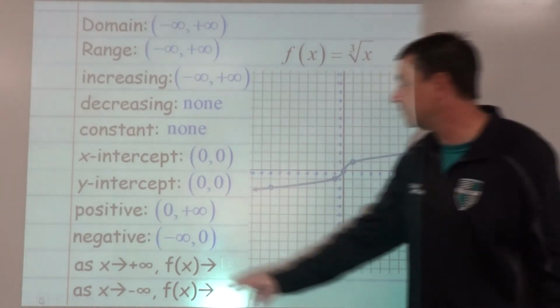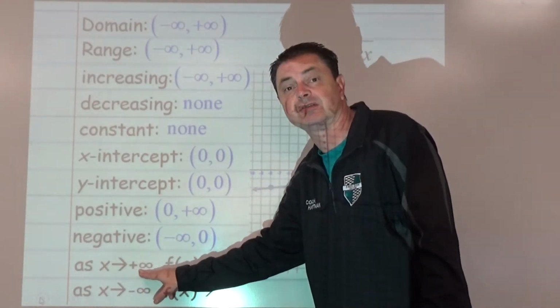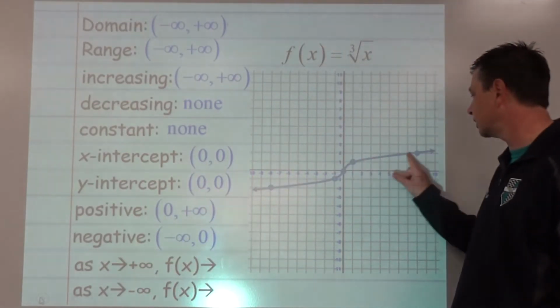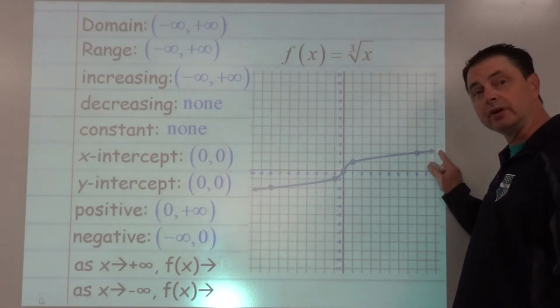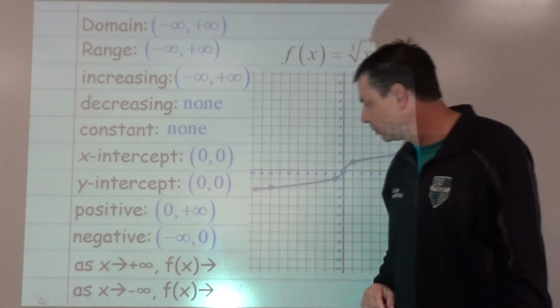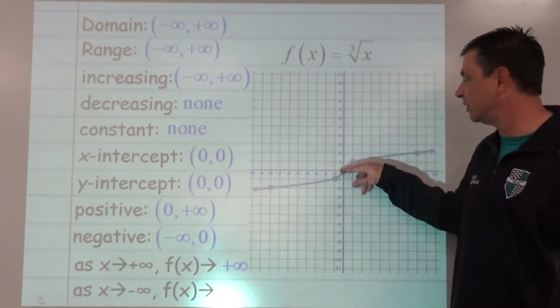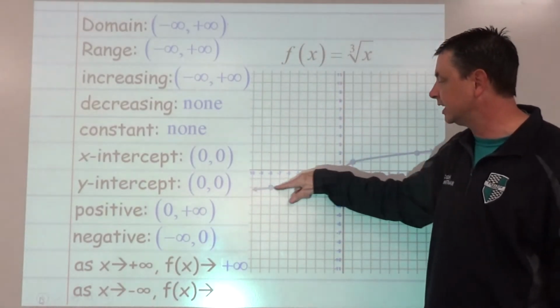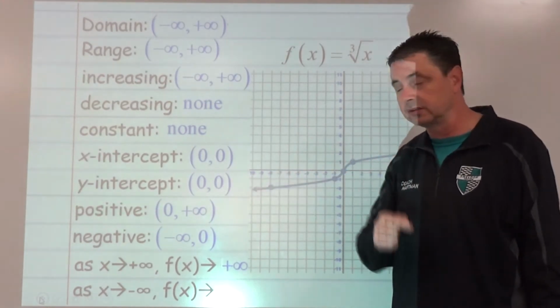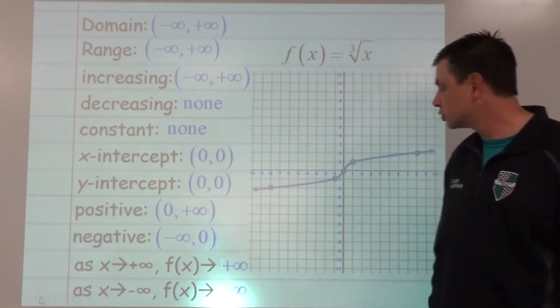And our end behavior: as x approaches positive infinity, as we go right on the graph, we go up very slowly, but keep going up forever, positive infinity. As x approaches negative infinity, we're going left on the graph. It keeps going down and down slowly, but down forever to negative infinity.